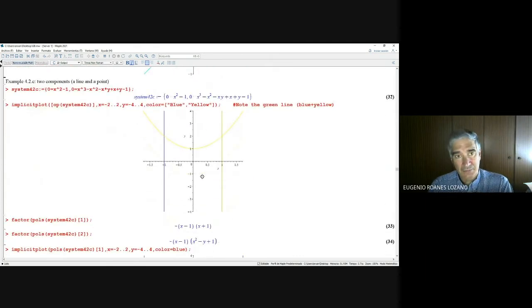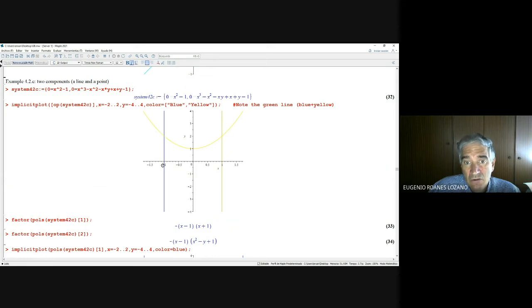The polynomial system can have a zero set that has more than one component, but not of the same kind. For instance, here, well, I don't know if it can be seen clearly, but one of the zero locus is in green.